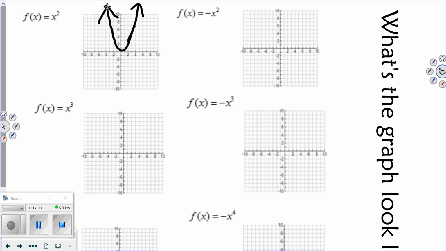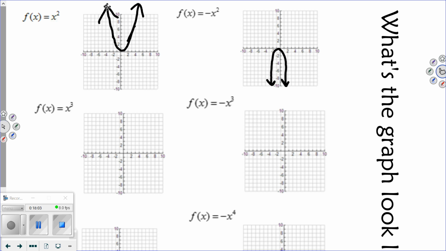J, negative x squared. Good. All right, so what do we think a negative's doing to it? What happened? Yeah, it just made it go the opposite. I flipped it over. All right, what about x cubed?